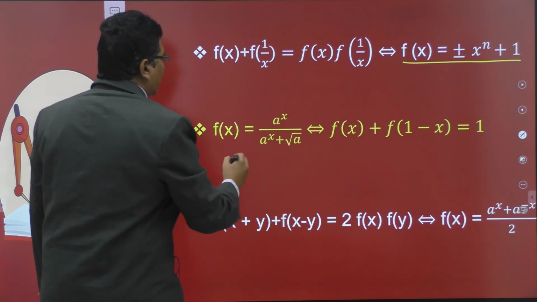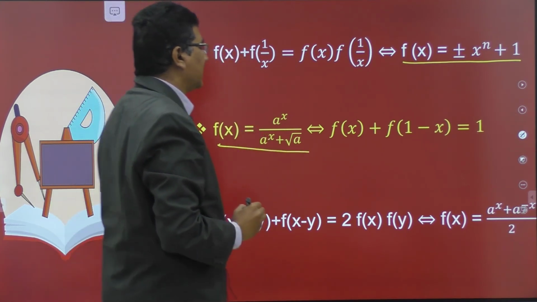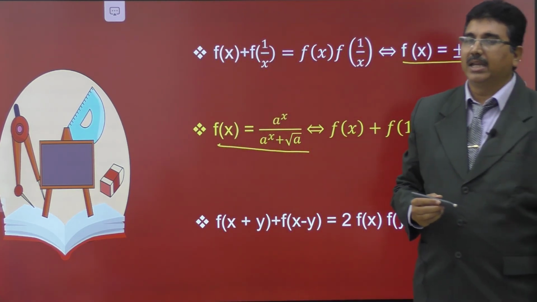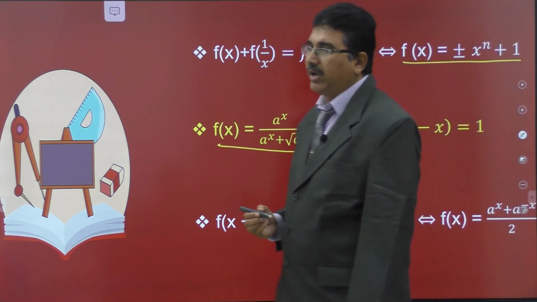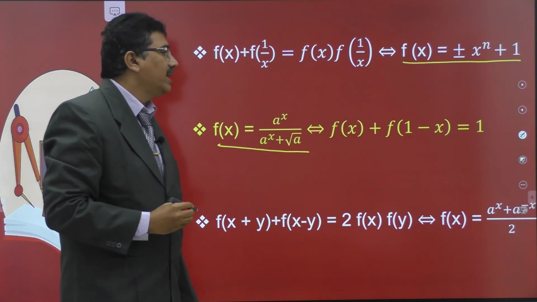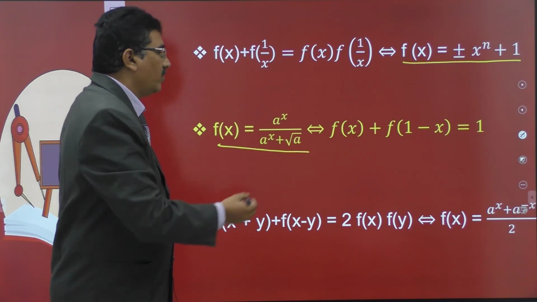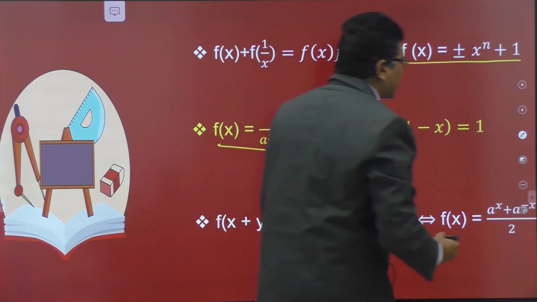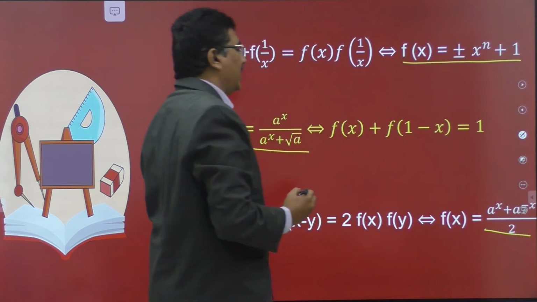Right? Now, f of x is equal to a power x divided by a power x plus root a. This function satisfies an equation f of x plus f of 1 minus x is equal to 1. Now, f of x is of the form a power x plus a power minus x divided by 2.